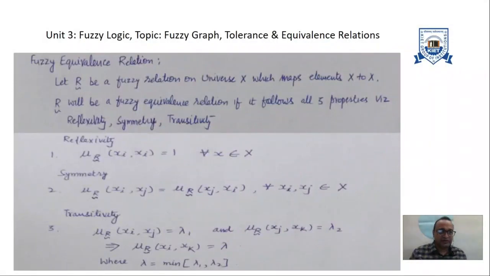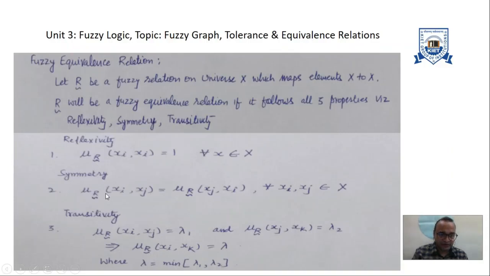As we have seen the equivalence relation in the context of crisp sets, in the similar way the fuzzy equivalence relation also exists. For the fuzzy equivalence relation, reflexivity, symmetry, and transitivity must hold. For reflexivity, there should be complete membership with all the nodes within themselves.